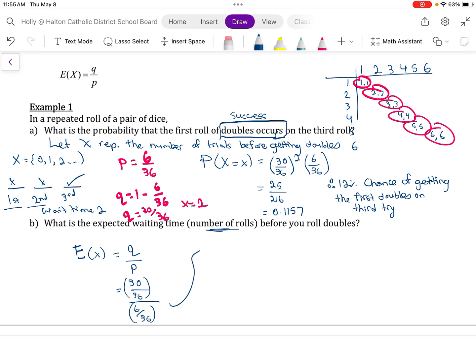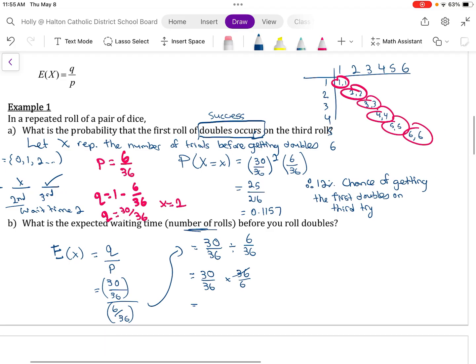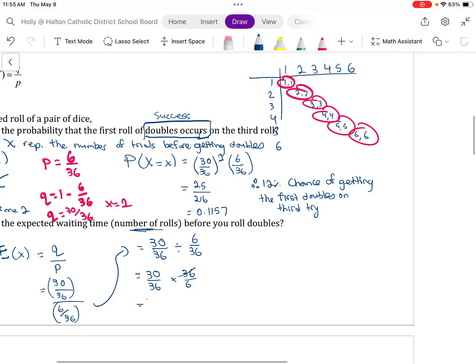You're dividing 2 fractions, so I'm going to write it out this way because that makes it easier to visualize it. And now we know to divide. Switch to multiplication, reciprocal of the second, and you're left with 30 over 6, which is equal to 5.